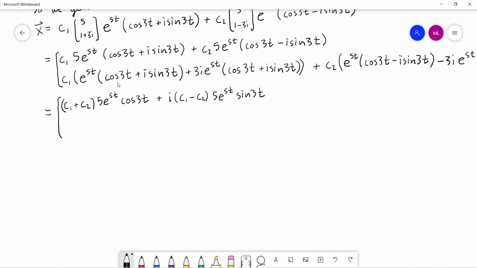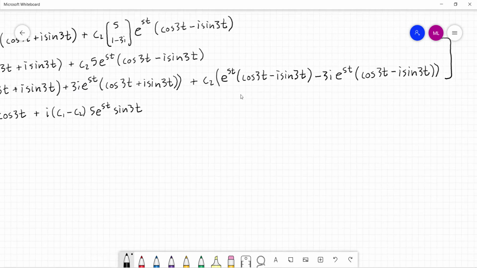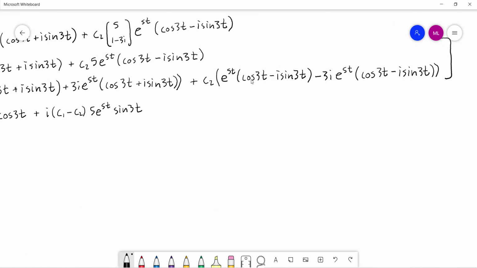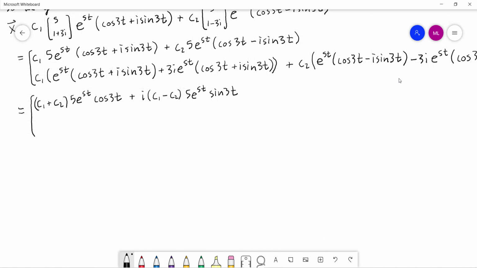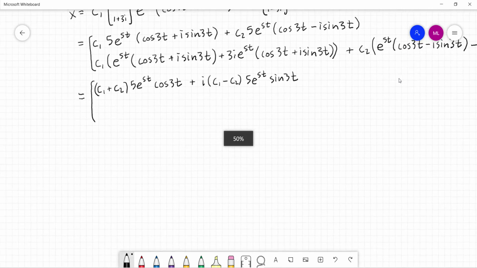I'm going to get this piece, because this i times this i will become a -1, so that'll be part of it. I'm going to get this piece, which is real, and then this piece, which will wind up being real. That i times that i will also become real. So we're going to actually have like 4 pieces in the real part here.